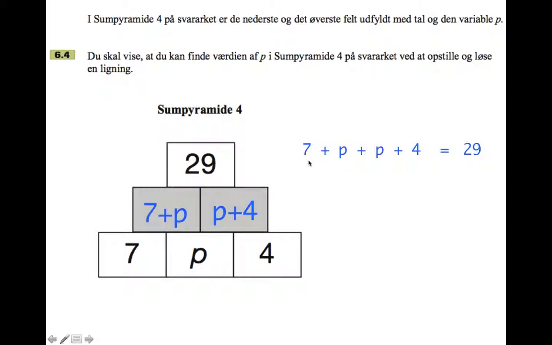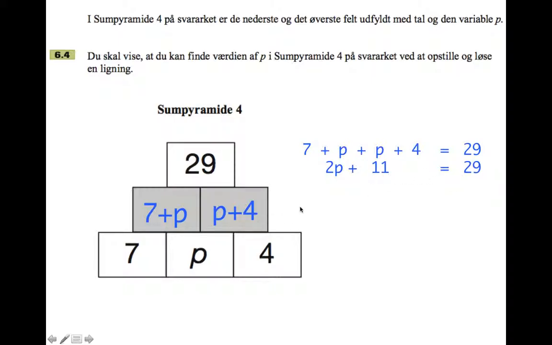So if we write that down, 7 plus p plus p plus 4 equals 29, that's our equation, and we can figure out what p is. So simplifying that, you've got 2 p's, p plus p makes 2p, and then you've got 7 plus 4 making 11, so 2p plus 11 equals 29.